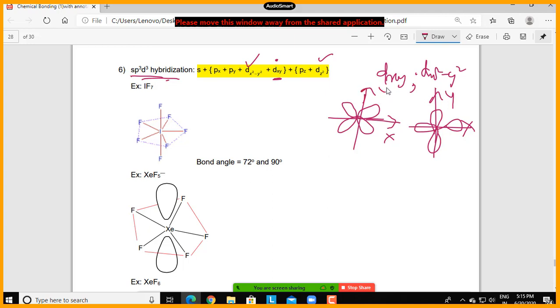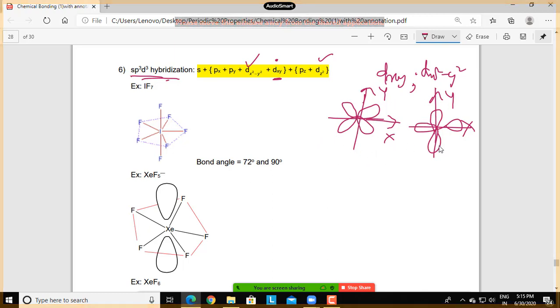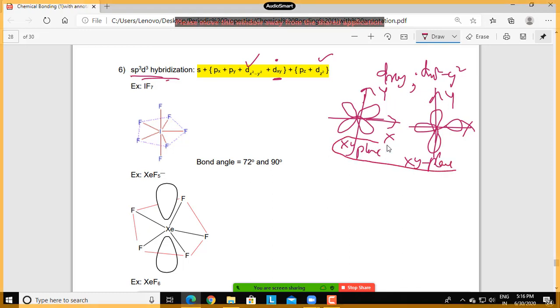And dx²-y² is on x and y axis. This is within x and y axis. So they will be similar because both are in the xy plane. This is the xy plane. This is also the xy plane. So both are similar. So mixing is easy.